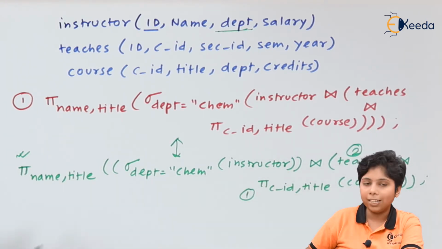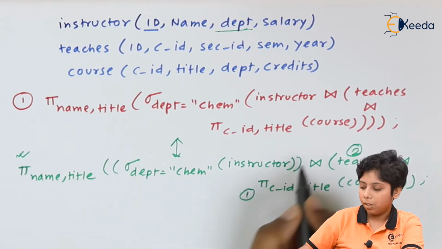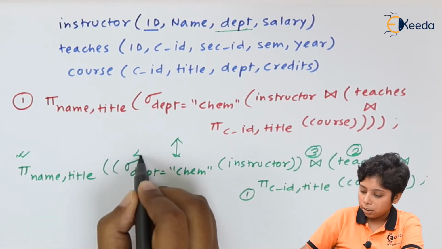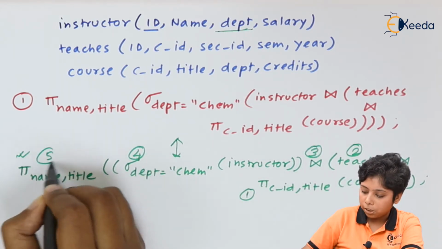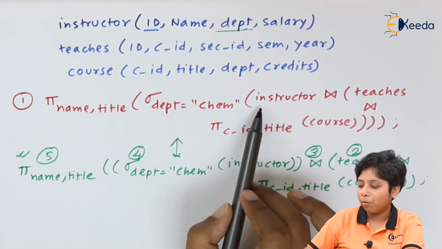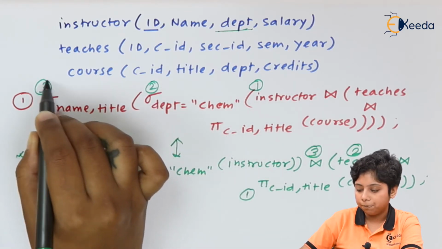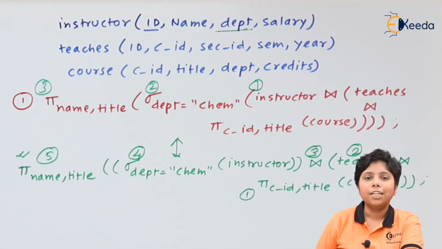Then this join is number 3 or 4, as the instructor is selected with the department, so this is 3, this is 4, and finally the projection is 5. But until we have performed this one, we cannot have any work done. So now we have transformed our first relational expression into an optimized one.